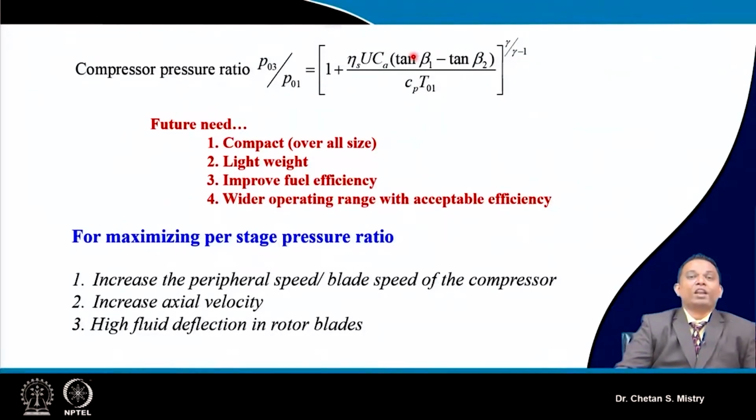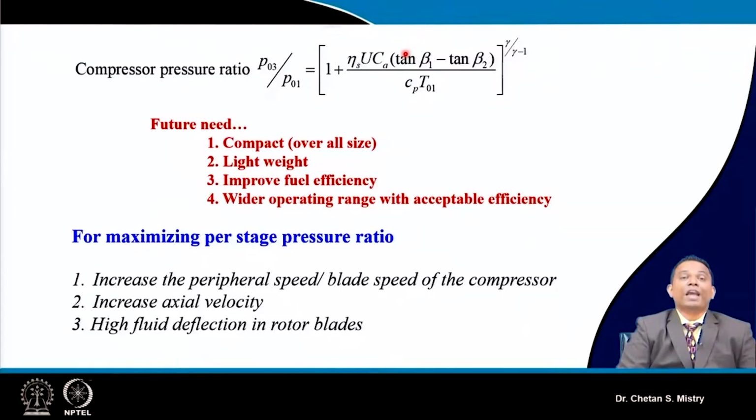Now what is our expectation, what are we looking for? We are looking for a future compression system that needs to be compact. When we say compact, that means the overall size needs to be lower. We are looking for engines that are lightweight.